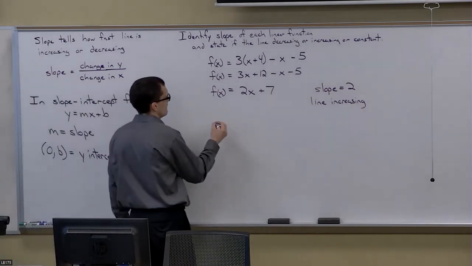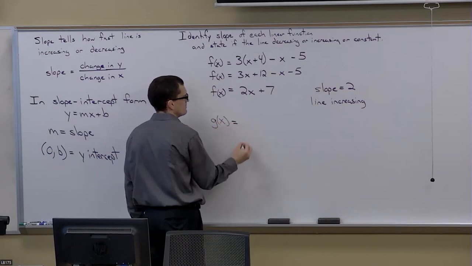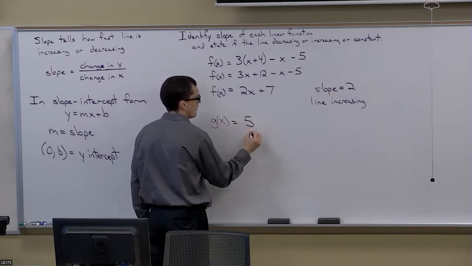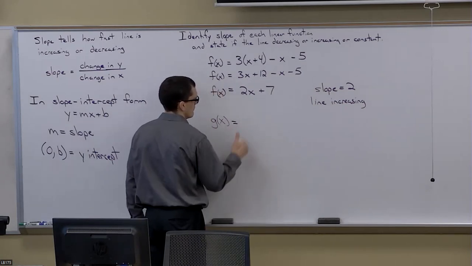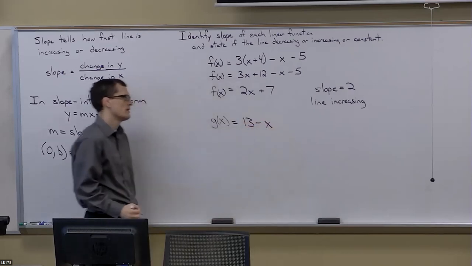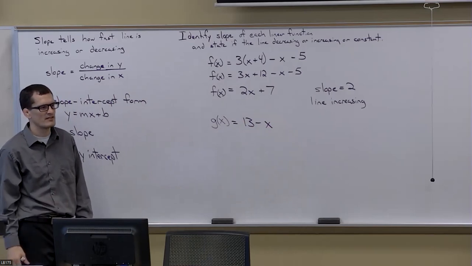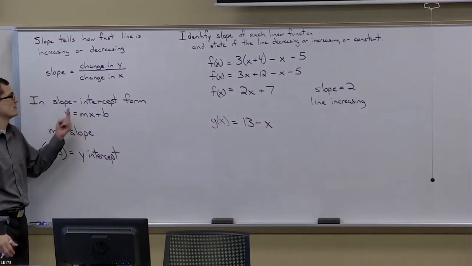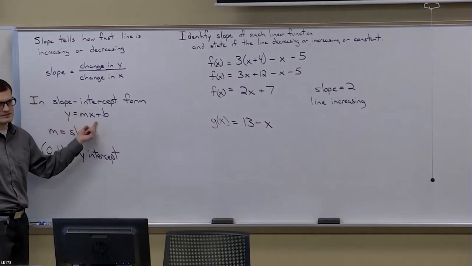It doesn't always have to involve a lot of manipulation. Some people might get thrown off by something like 13 minus x. Remember, in slope-intercept form, technically the x comes first.